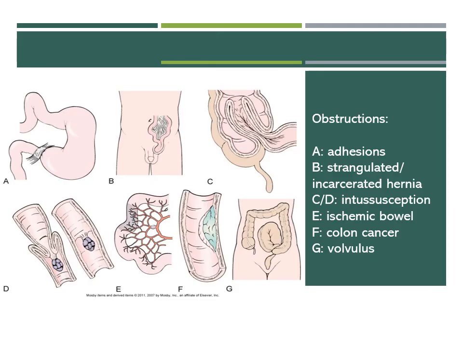Okay, so let's look at some of the causes of obstruction. So the first one, A, that's just trying to show you adhesions. So adhesions are just scars around the intestine, usually the small intestine, and they're from previous surgeries that you've had. So if you've had abdominal surgery of any type, you're at risk for getting a bowel obstruction later in life because there's going to be some degree of scarring.